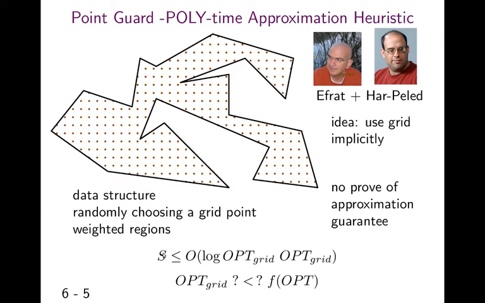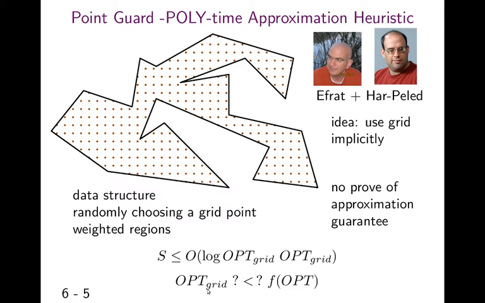So what's the story here? If their solution is S, they know S is upper bounded by log opt grid times opt grid. So this is a log opt grid approximation algorithm. Their solution is at most log opt grid away from opt grid. Opt grid is just what would be the optimum if I were restricted to the grid.